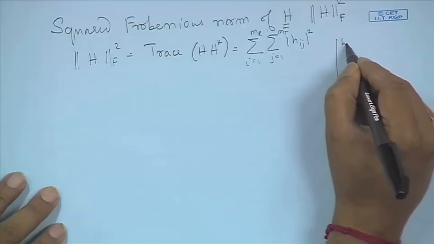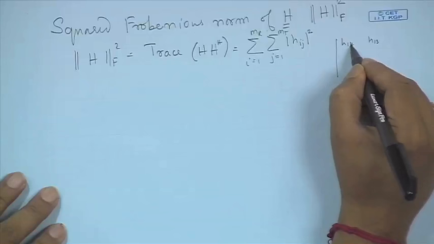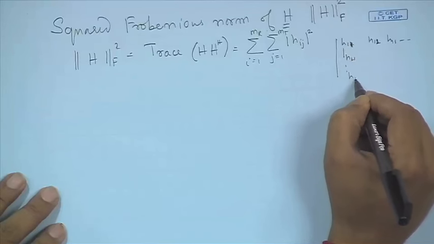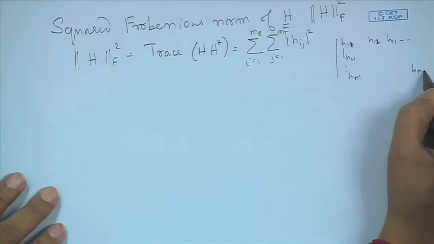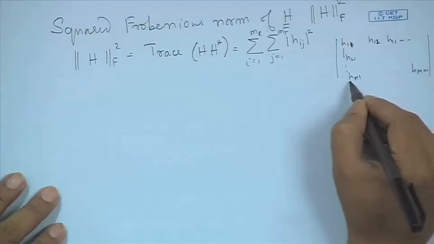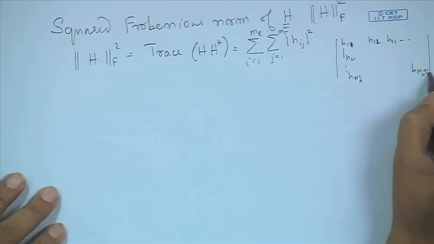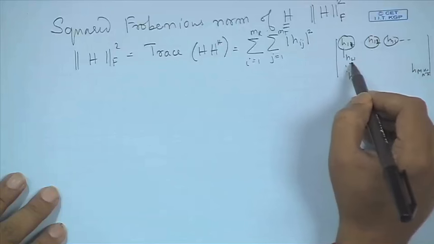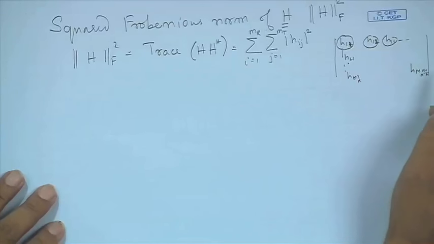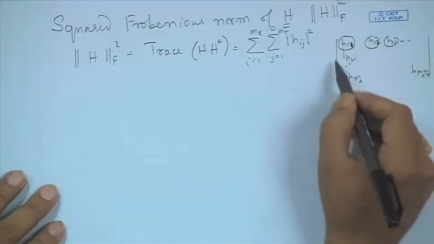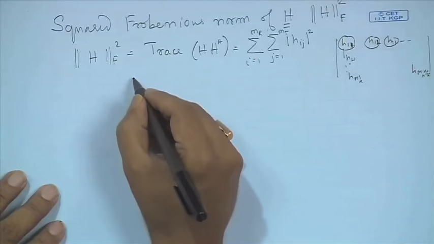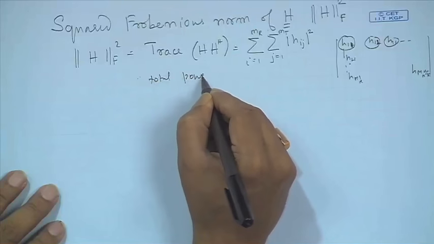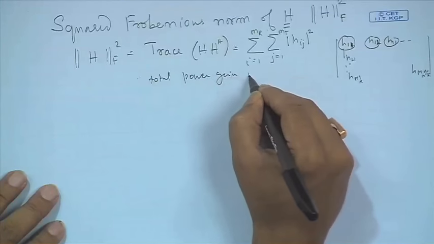So if we have h11, h12, h13, and so on, h21 up to hm1, finally hmm in case of HW channel, otherwise h mr1, h mr mt. So this squared plus this squared plus this squared, all of them squared. So what we are getting is the strength of the channel. In other words, this can be interpreted as the total power gain of the channel.